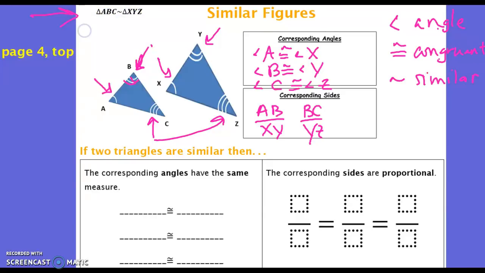I'm going to erase this so I can do some underlining. And then the first and the third letter, AC, will match up with the first and the third here, XZ. All of these ratios come from comparing the triangle on the left to the triangle on the right. All the letters up here go with the left triangle, and all the letters down here go with the right triangle.